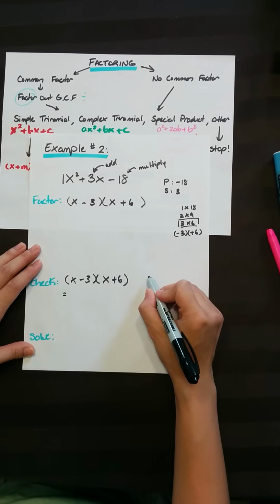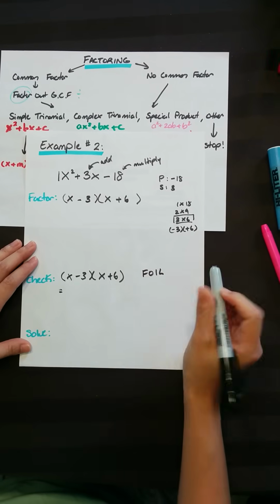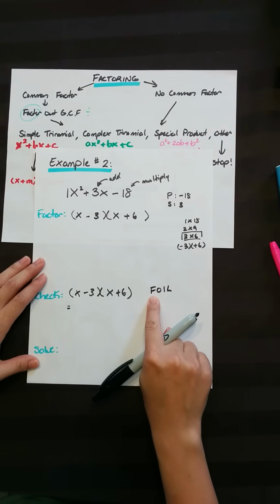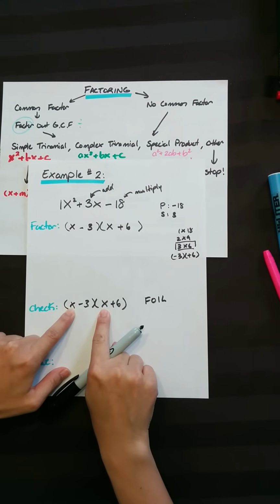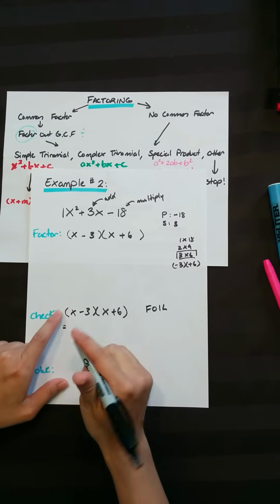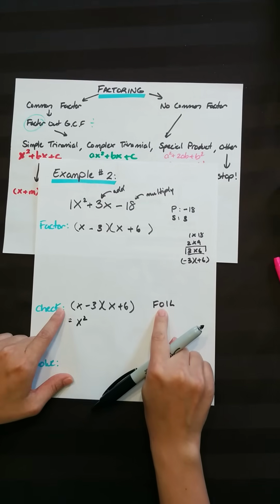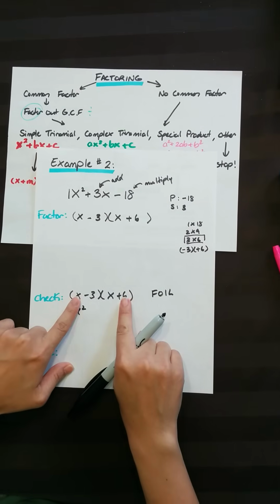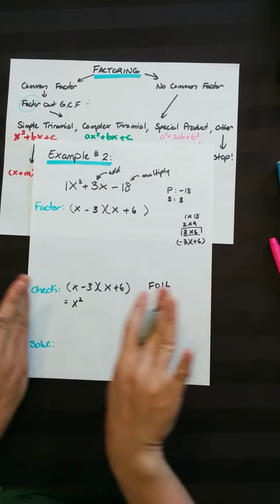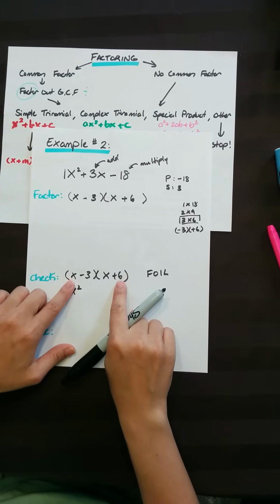So the way that we do that is we use FOIL. So I'm going to multiply the first in this bracket, first in this bracket. X times x is x squared. So that was F for first. O is for outside. So these are the 2 outermost, the ones on the very outside. We're going to multiply those together.